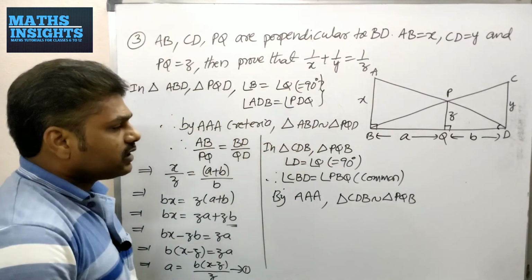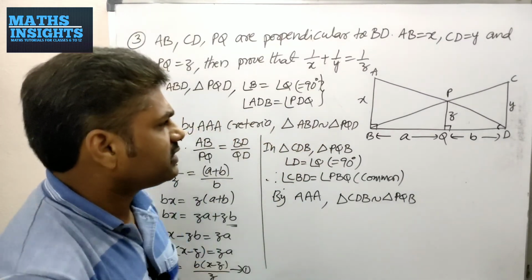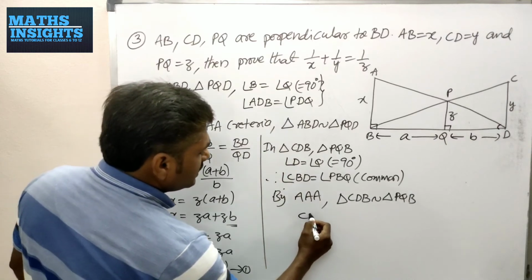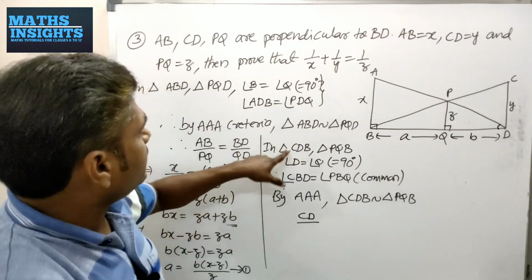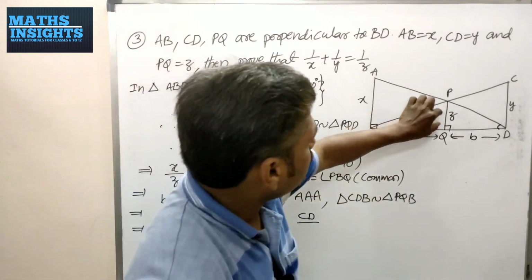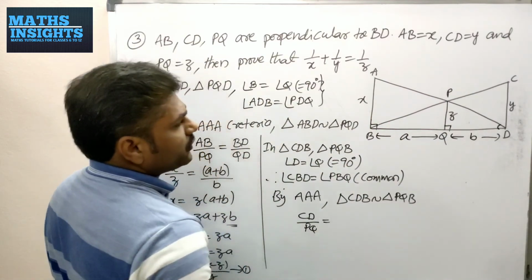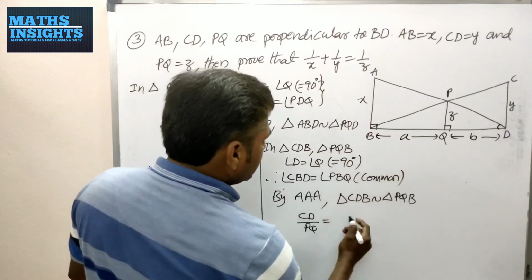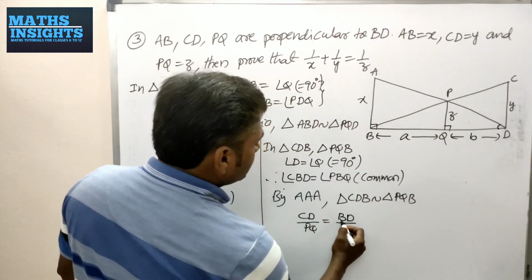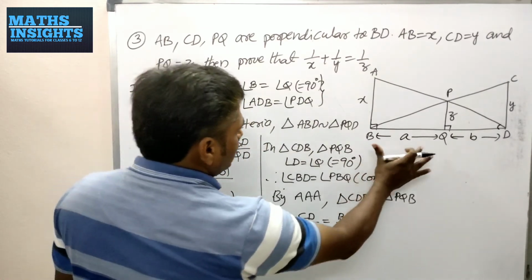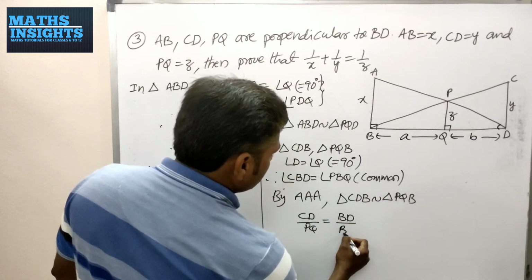I will use the ratio of corresponding sides. For the side CD in the first triangle, you have PQ as its corresponding side. Similarly, for the side BD, the corresponding side is BQ.